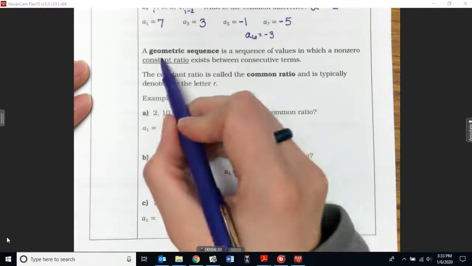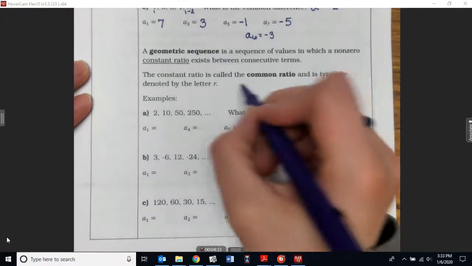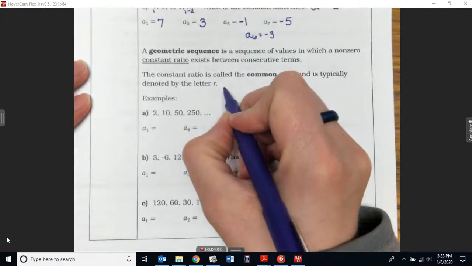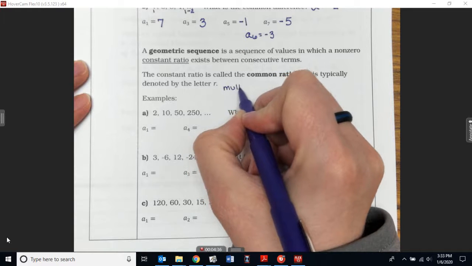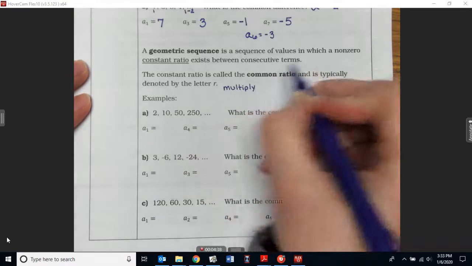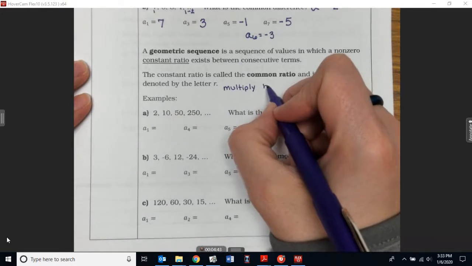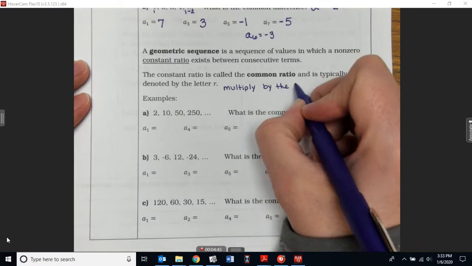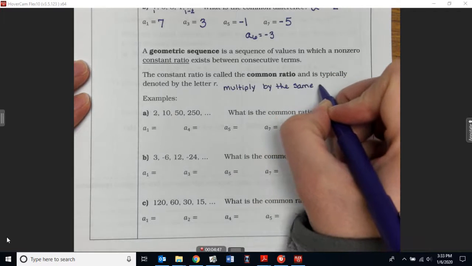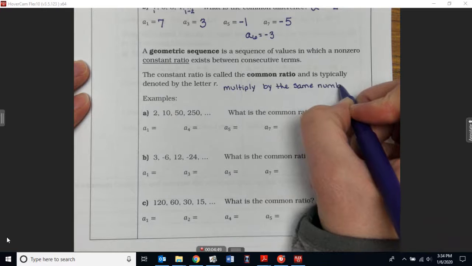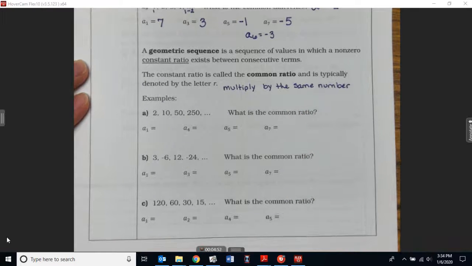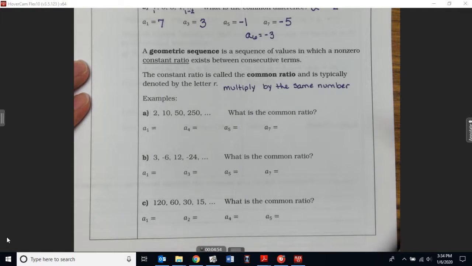Now, this time, if I'm talking about a geometric sequence, it's where you multiply, and yes, divide, but really I'm going to say multiply by the same number every time. So arithmetic is adding or subtracting, and geometric is multiplying.